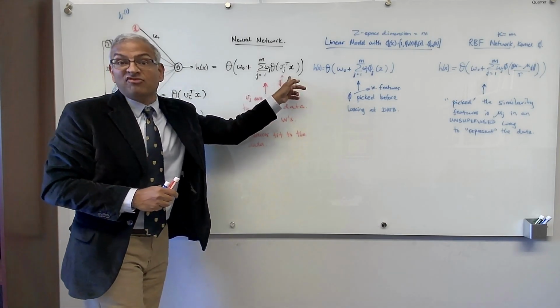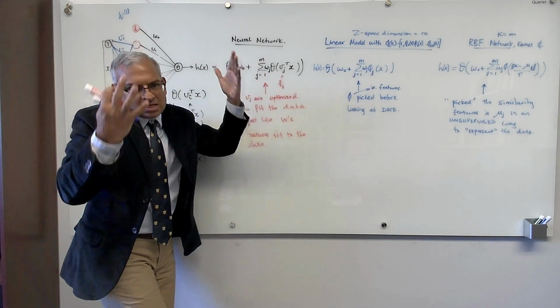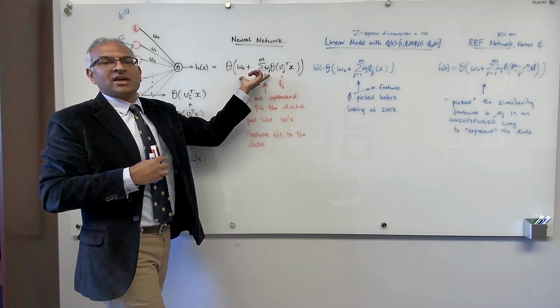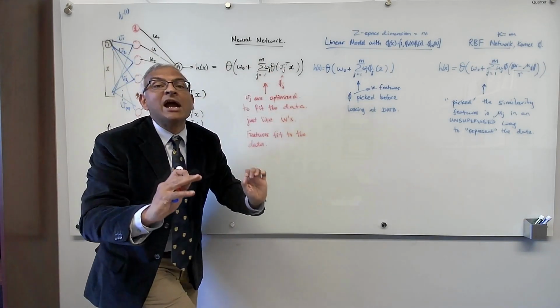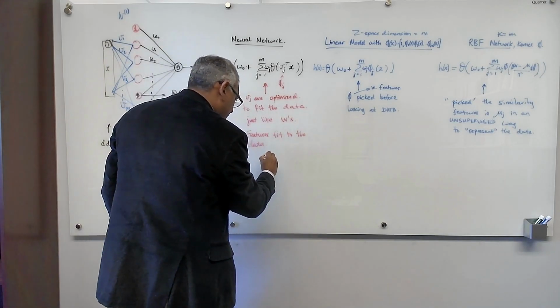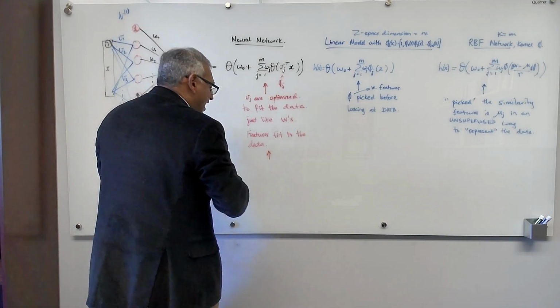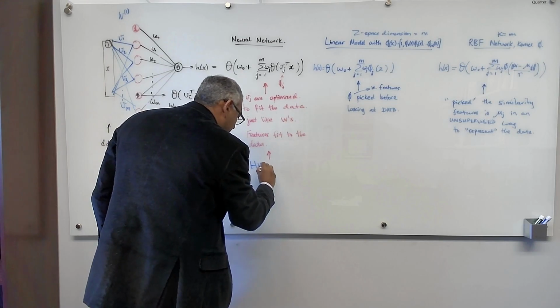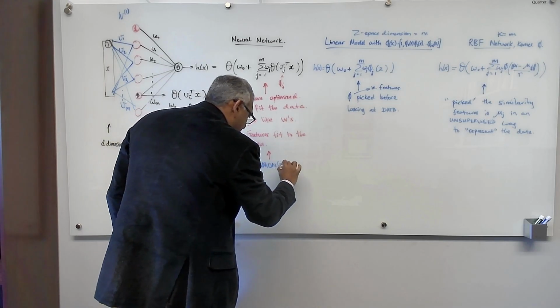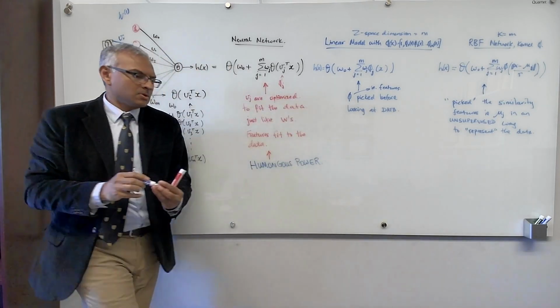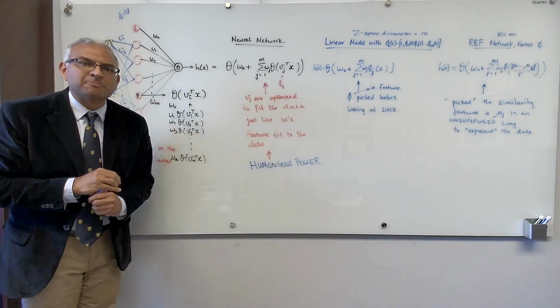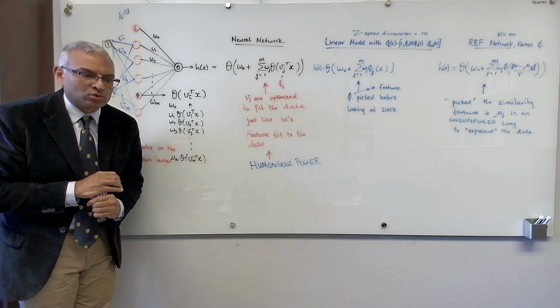You are allowing me to fit my features to the data, and then I'm going to use a linear model on top of that. But that power to fit the features to the data is a humongous power. Let's investigate that humongous power, because we need to control it.